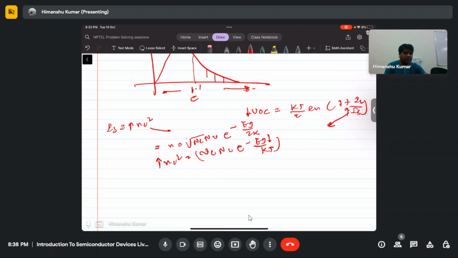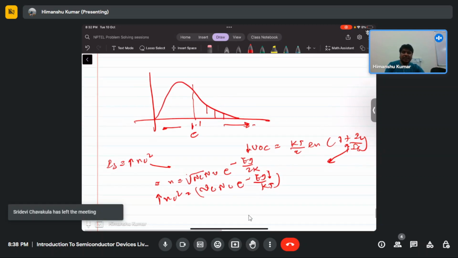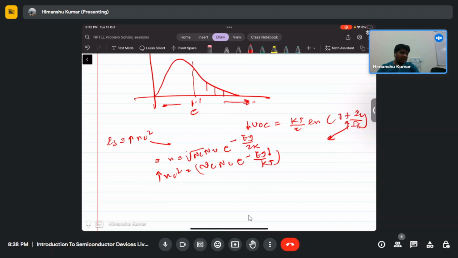You can choose a lower band gap material, but if the band gap is too small, VOC gets reduced and the efficiency will not be very high. That shows how increasing one quantity reduces another.